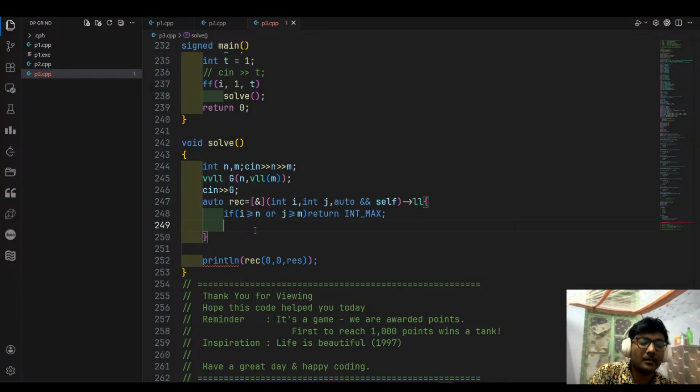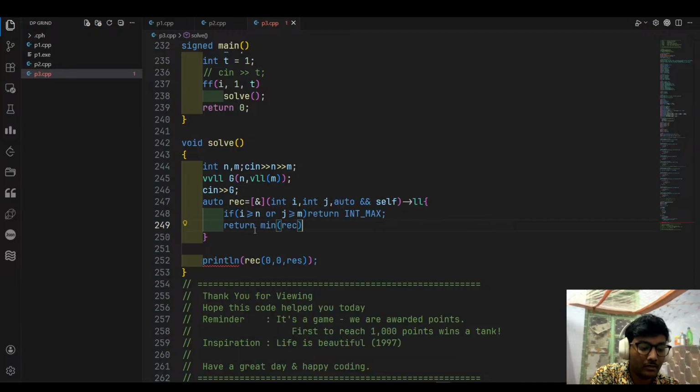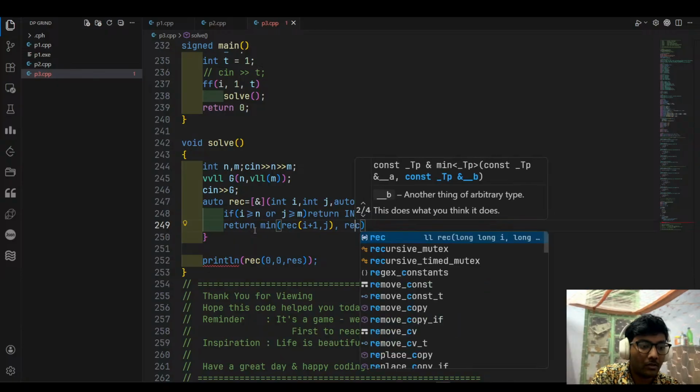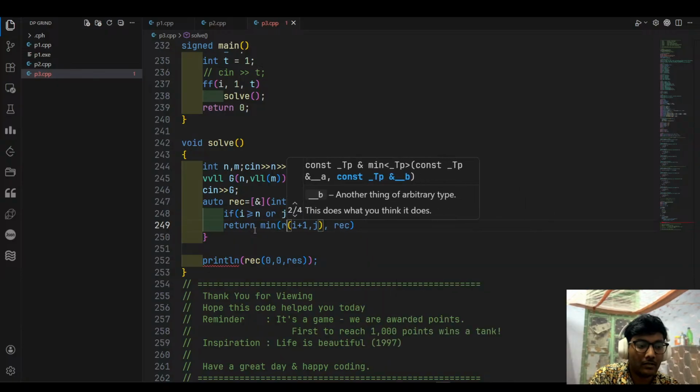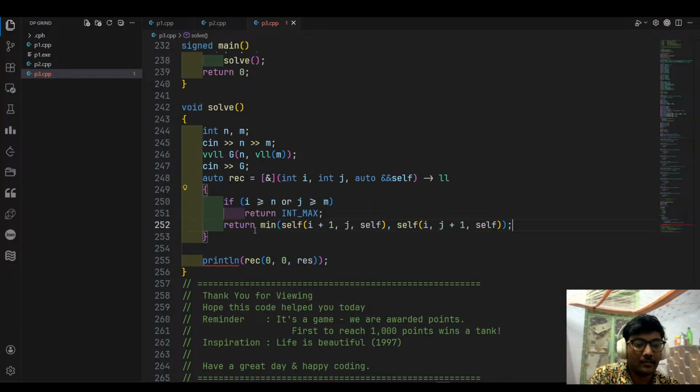So I return the minimum of self being called for i plus 1, j with self present, and self also being called for i and j plus 1, with self also being present, and that should be all.